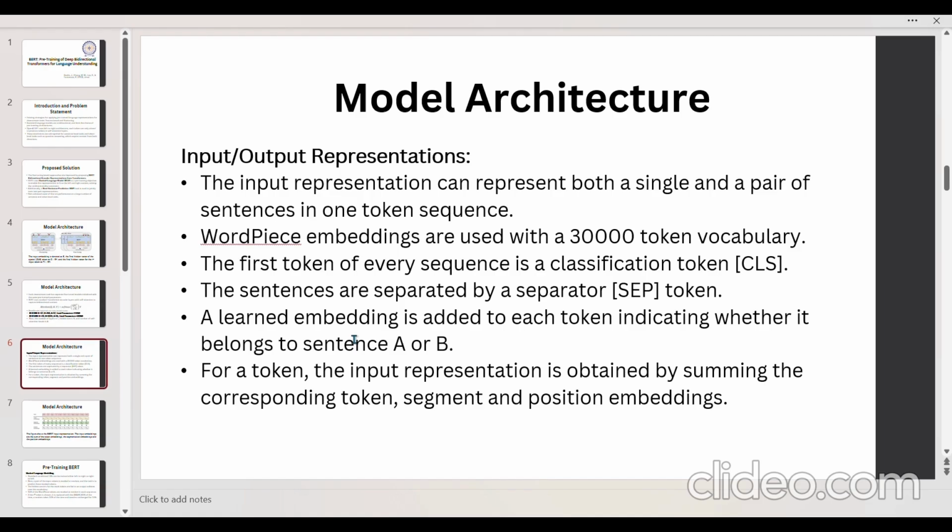A sequence refers to the input token sequence, and this can be one sentence or a number of sentences packed together. For the BERT model, WordPiece embeddings are used with a 30,000 token vocabulary. Here, the first token of every sequence is always a classification token labeled as CLS. And the final hidden state corresponding to this token is used as the sequence representation, and this is used in classification.